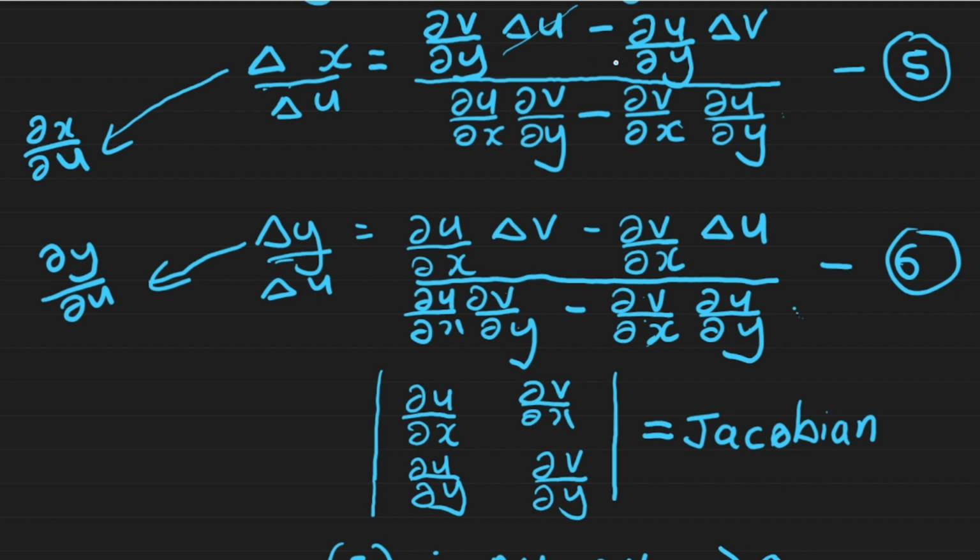Of course, this becomes 0 and this becomes 0 as well. Sorry, we can divide this by delta v. It depends on the variable that we're holding constant and dividing by at that moment in time.